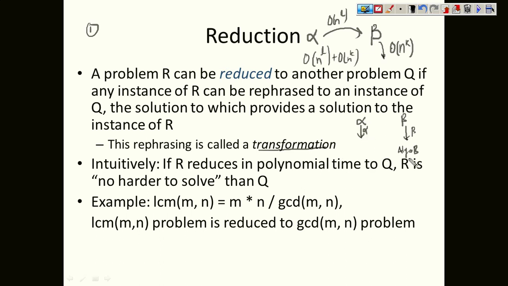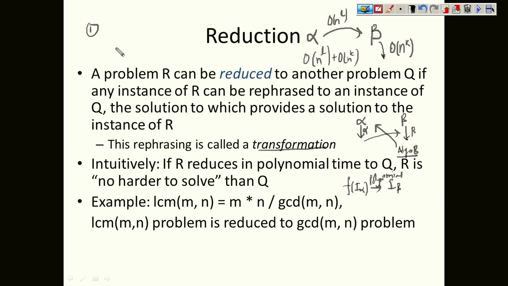If we want to use the beta algorithm to solve alpha, this is only possible when we are able to convert all these instances of alpha to beta. That means we must create a function that can convert the instances of alpha to the instances of beta in polynomial time.